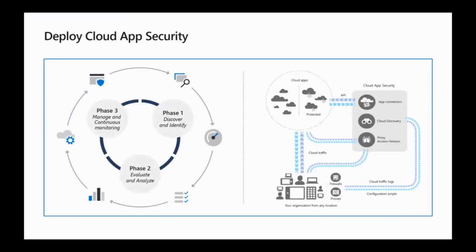Okay, so first of all, in order to start using cloud application security, your organization must have a license to use cloud application security, of course. This is covered by several plans for Microsoft 365. Specifically speaking, enterprise plans, and some others that will go above those levels of subscriptions.